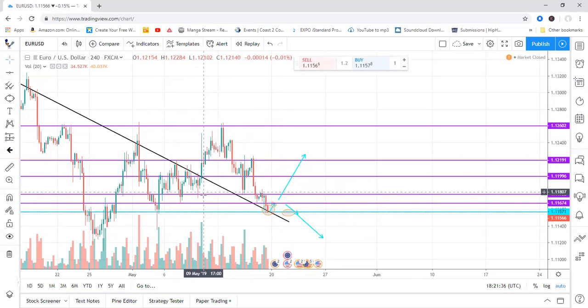They are the most supported resistance areas that you should look out for on the head and shoulders, the very bottoms and the very tops. And as you can see right here, this is being resisted right underneath those shoulders. So that's how you can tell this is the head and shoulders formation.